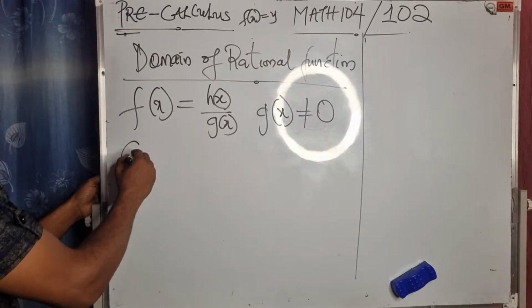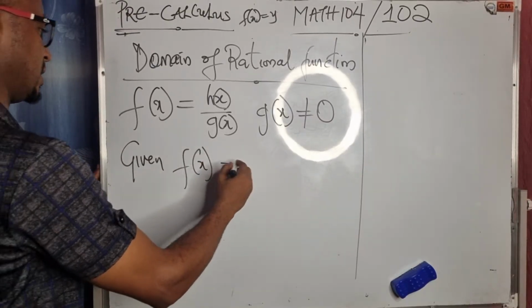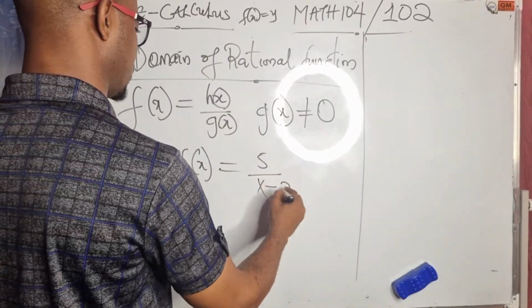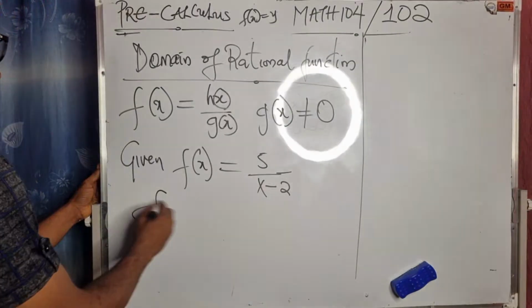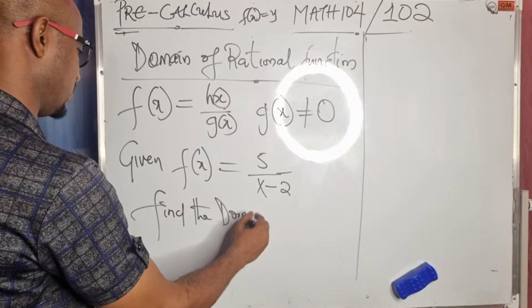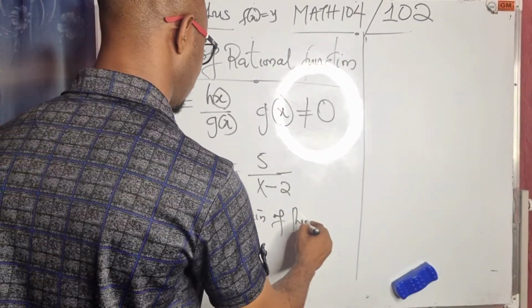So let's say we are given, for example, f of x equals 5 divided by x minus 2, and we have to find the domain of this function.